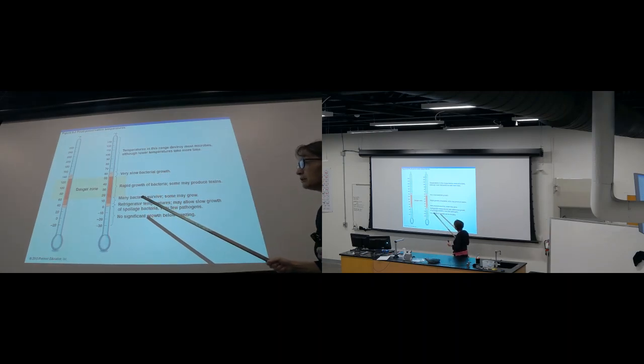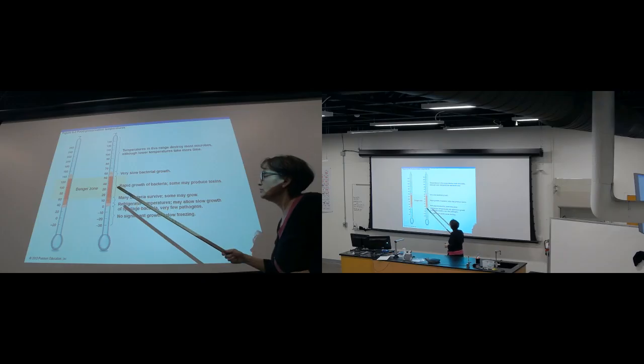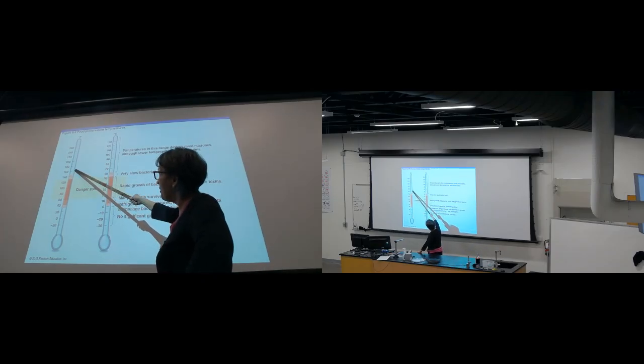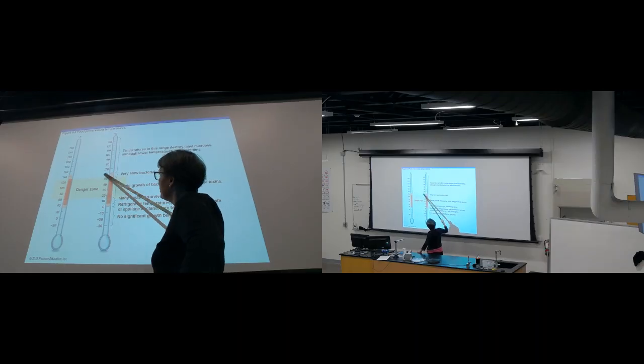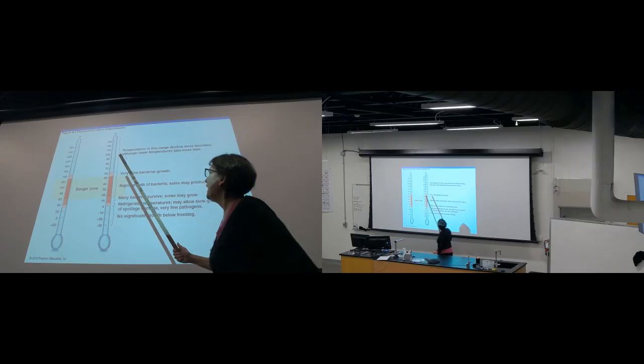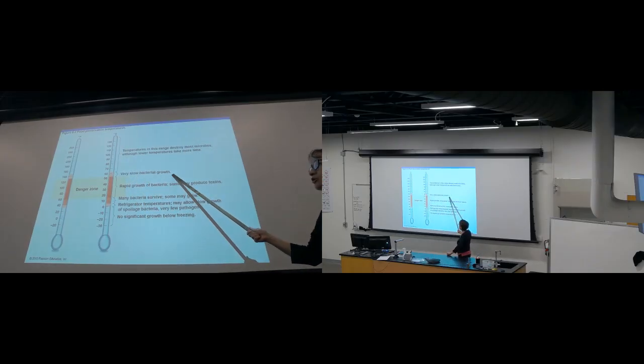So if you are preparing a meal, you want to cook it a little bit above this temperature, away from the danger zone, between, let's say, 130 and 150 degrees Fahrenheit, but that still has the potential for slow bacterial growth.